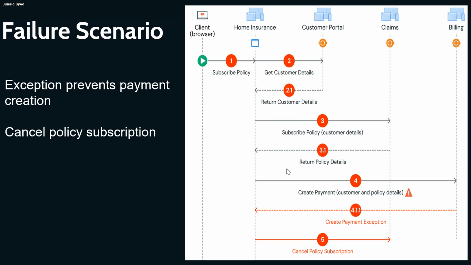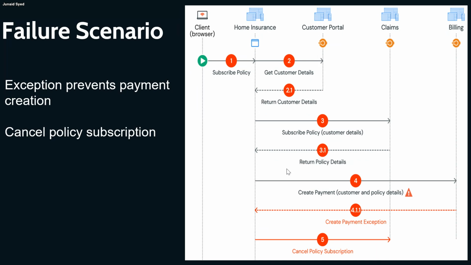So there are different possible situations. So what will happen? Let's say the exception was thrown, and the home insurance portal gets to know about the exception in the payment action. So what it will do is invoke the cancel policy subscription action. This is one of the ways to handle the scenario of failure.